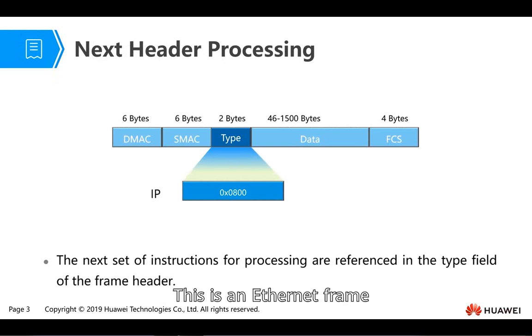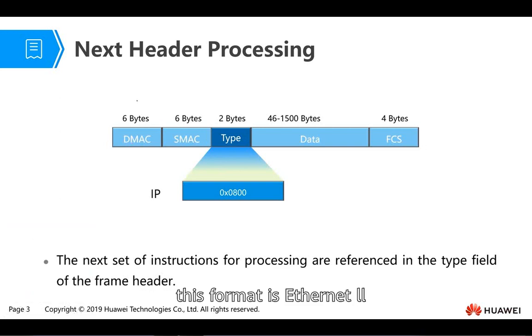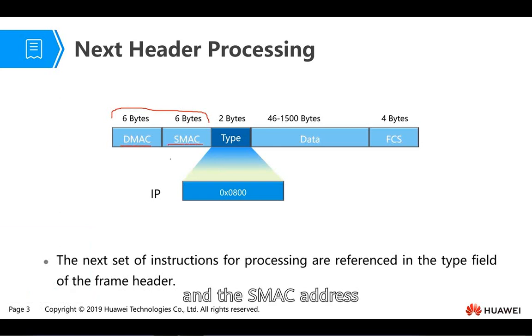First, this is the Ethernet frame, the format of the Ethernet frame that we discussed in the previous chapter. In this Ethernet frame, we can see this format is Ethernet II. The first two fields are the destination MAC address and the source MAC address. The MAC address is a layer 2 address.